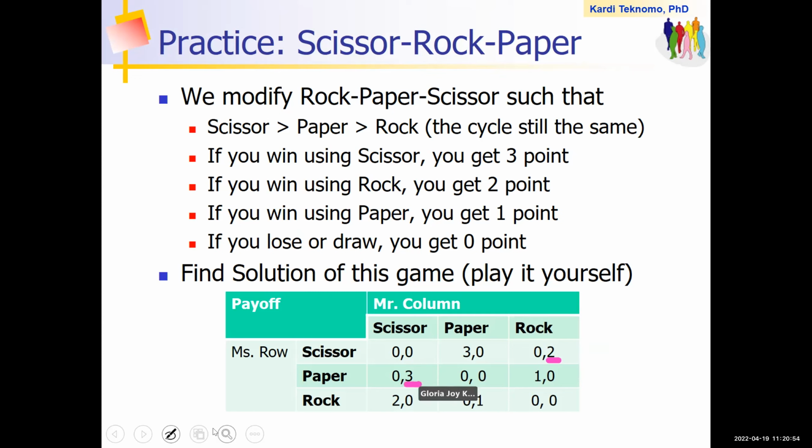Okay, 3 and then 1, correct. And then the 2 and 3, and oh, there's no Nash equilibrium. Again, there is no Nash equilibrium because there is no intersection, right?